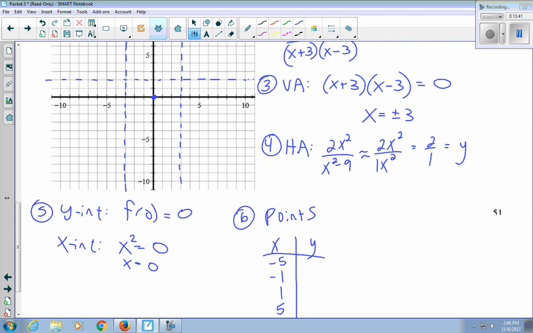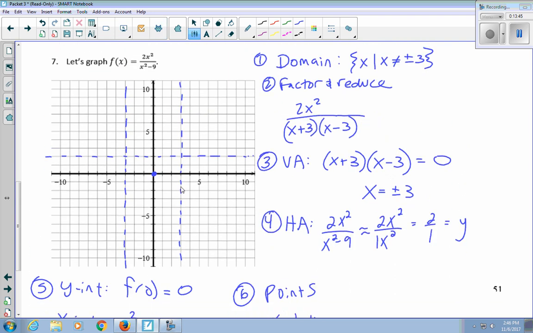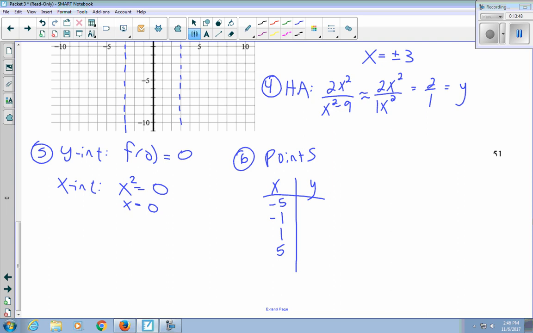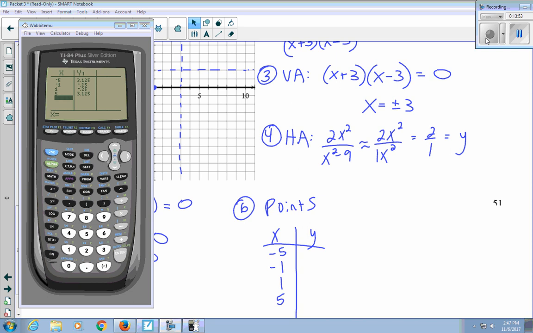And I need to get a y value for each of those. So 2x squared over x squared minus 9. I might have a calculator do this for me. Okay, so I typed into y equals in my calculator the function 2x squared over x squared minus 9.